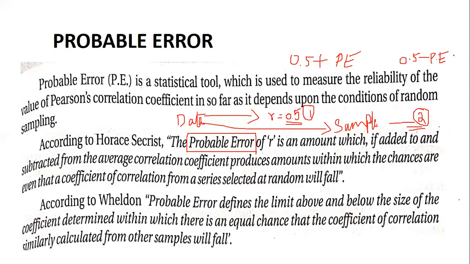Whatever range I get, this new r value will be present within it. I hope you will understand better with the problems. But did you get a light idea about what probable error is? Did you at least understand where we are using probable error?